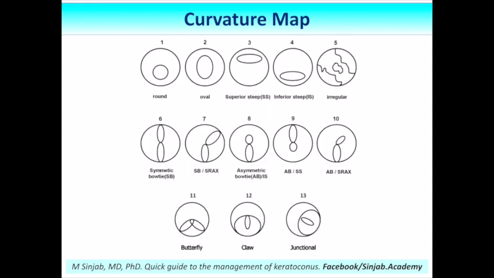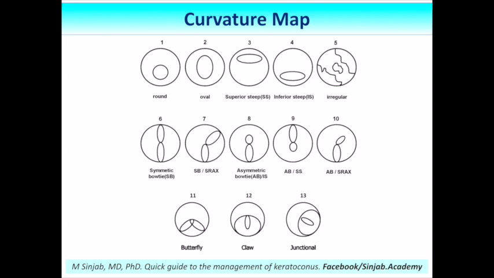There are some abnormal shapes, such as round, oval, superior steep, inferior steep, irregular pattern, symmetric bow tie. So the symmetric bow tie does not mean that the cornea is normal. Some cases of keratoconus come with a symmetric bow tie.